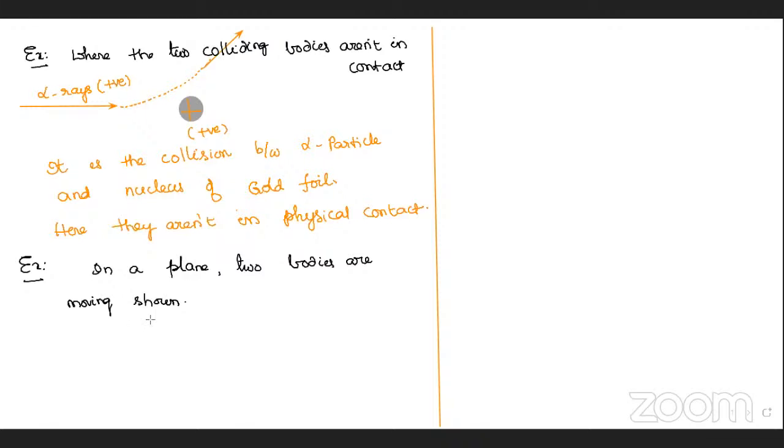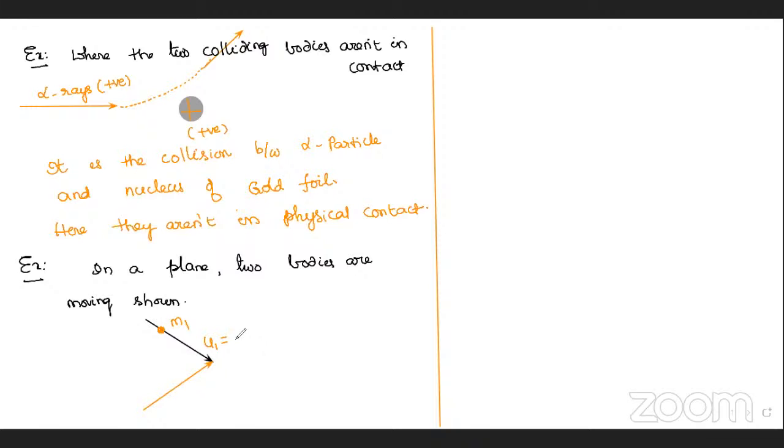One is moving like this, second mass is moving like this. These two collide somewhere here. This is the first mass, M1, and the second mass, M2. Both have the same mass and same velocity.